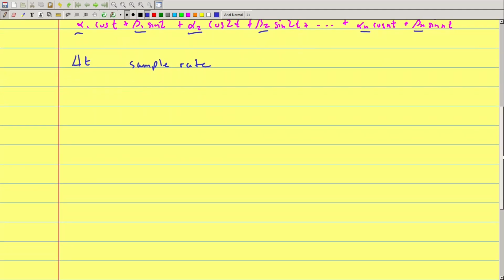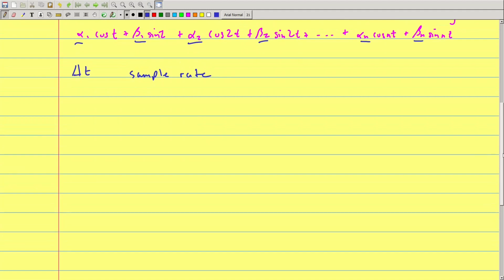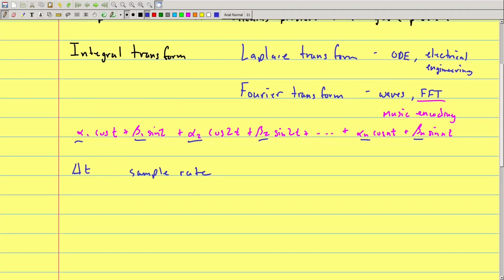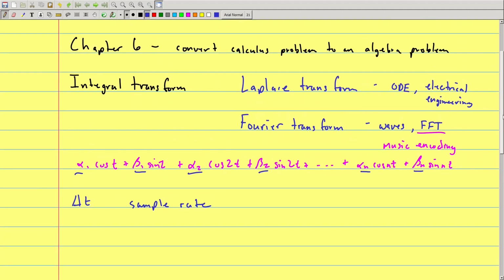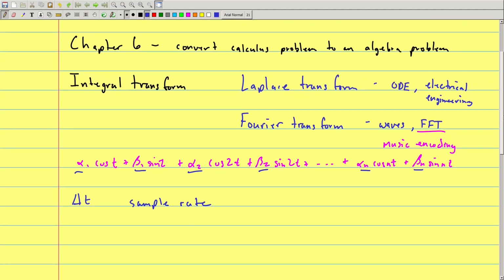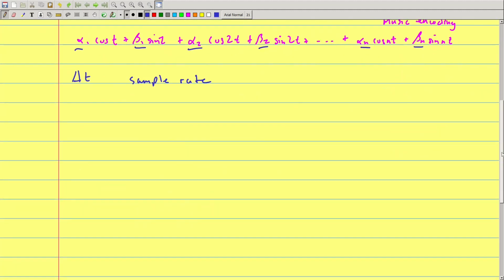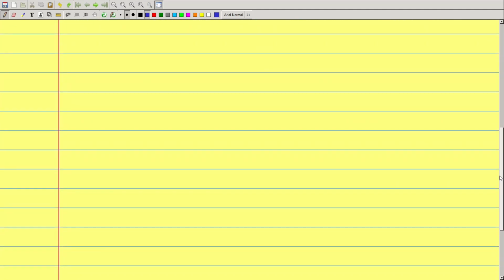Anyway, so for integral transforms, this is the idea. We want to change the form of the problem to something that's going to be more convenient for us. And the transformation that we're going to be using for integral transforms, or for the Laplace transform in particular, pardon me, is going to look like this.